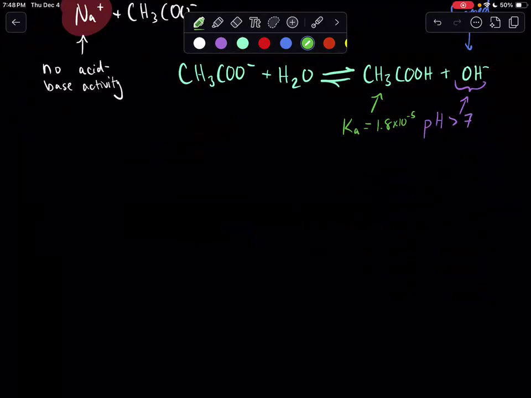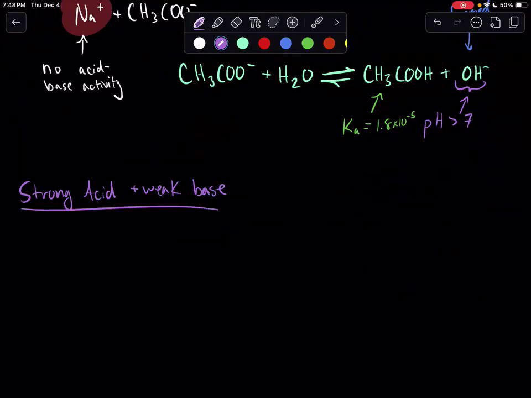So moving forward, instead of a strong base plus weak acid, let's now do a strong acid plus weak base. So in this example, it should be probably the opposite if you can take a guess. So we'll just go straight into the example here.